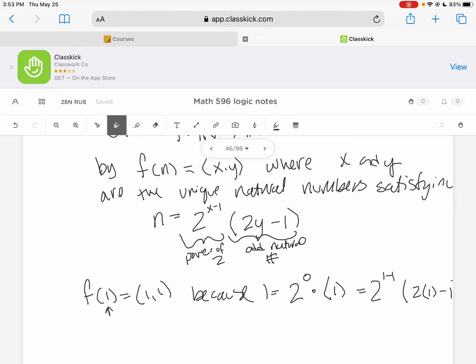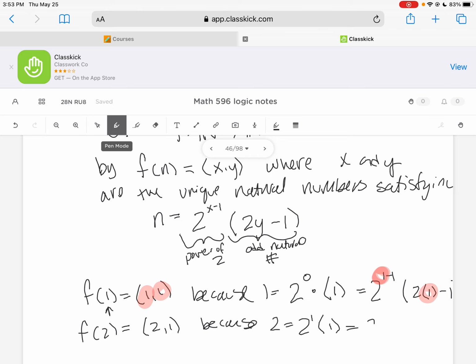Right, and so the (1, 1) here comes from this exponent and then this coefficient here. Similarly, f of 2 we would want to map to (2, 1), because we can express 2 as 2 to the power of 1 times 1, or 2 to the 2 minus 1 times (2 times 1 minus 1), and so on.